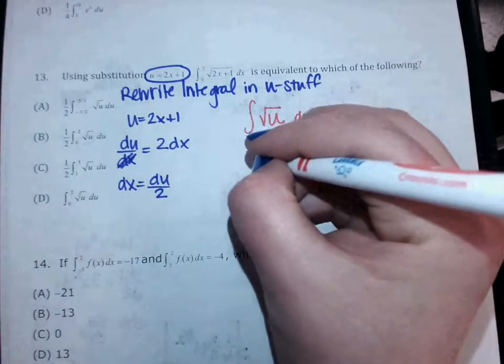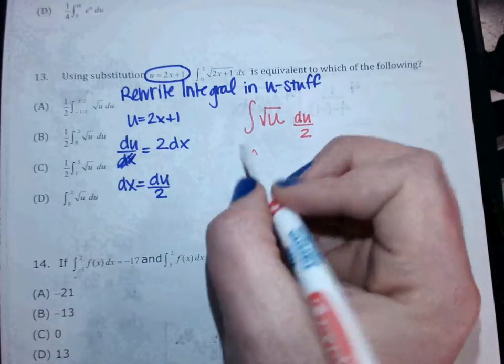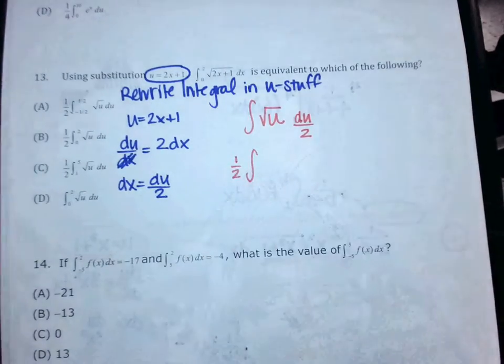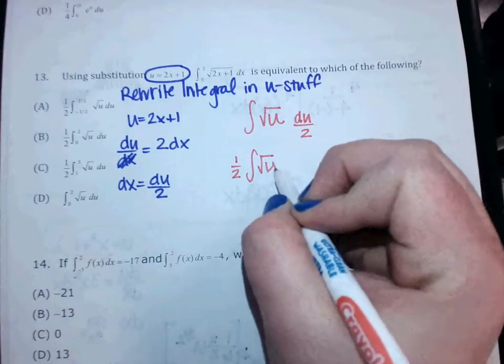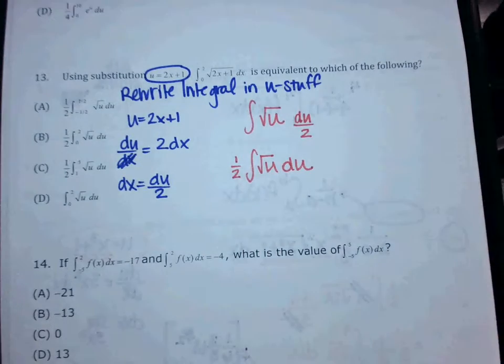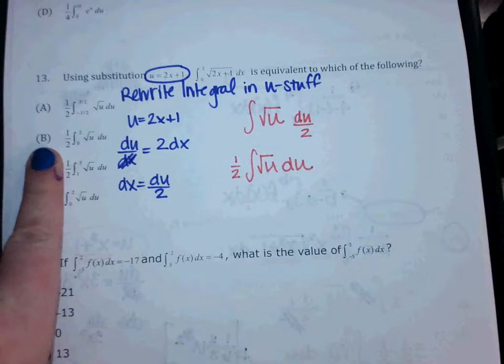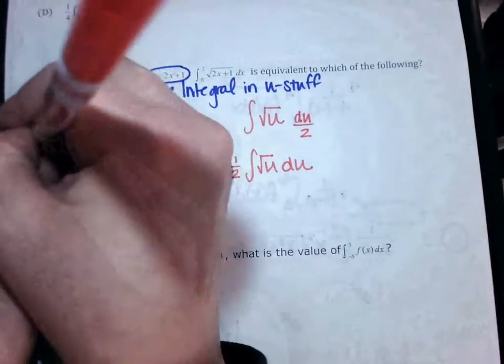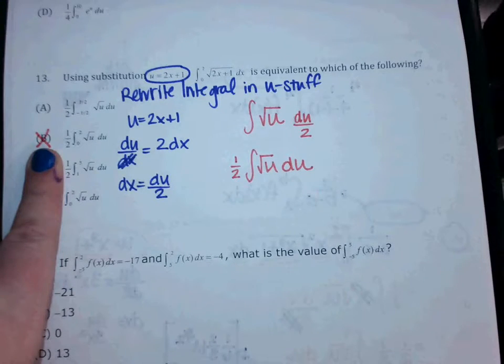So I'm going to rewrite this. If this 2 is here in the front, I know that it should be a 1/2. I know I have a square root u du. And then if you look at your answer choices, okay, answer choice B almost looks right. But what's the problem? They left the endpoints the same. This is wrong. You have to change the endpoints to be u endpoints.